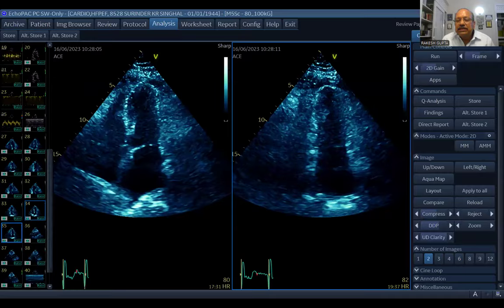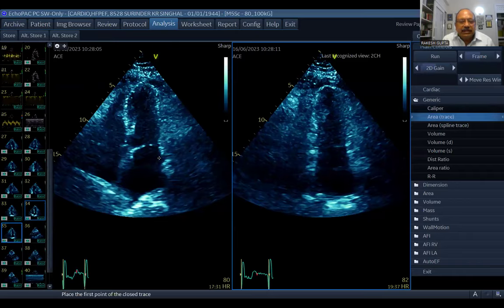Now, sir, I'm going to measure this LA volume live. So I'm going to trace this area from this point to the lateral annulus.